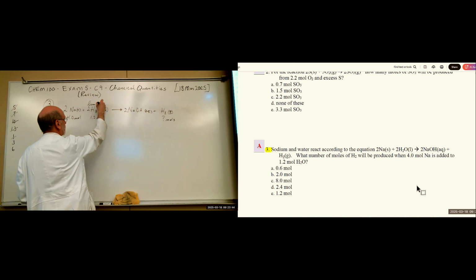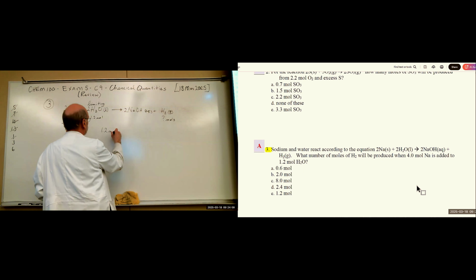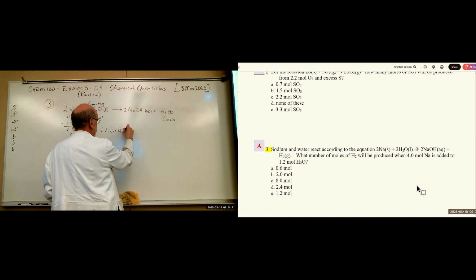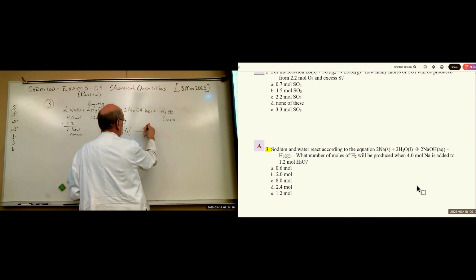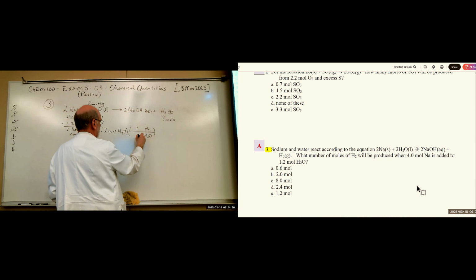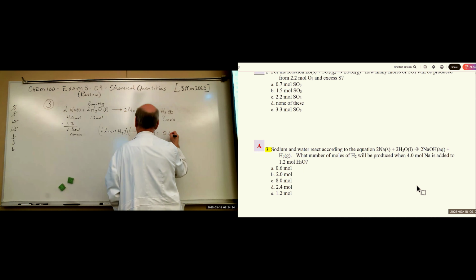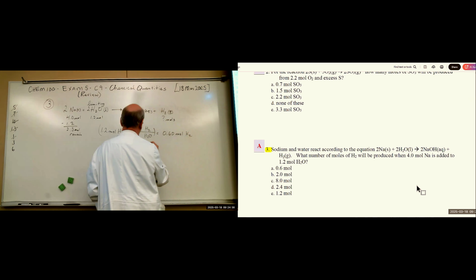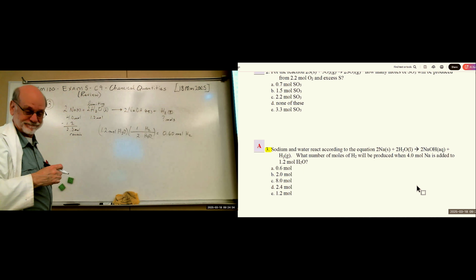So now we want to take all of this water and convert it to hydrogen. Okay, hydrogen's 1, water's 2. So we can do this one in our heads. Let's see, 2 significant figures. Moles of hydrogen will be produced.